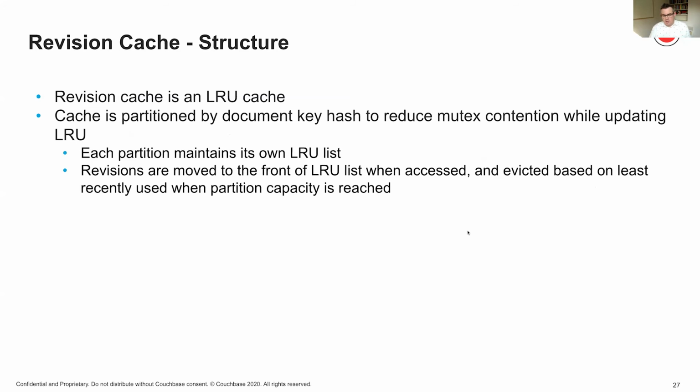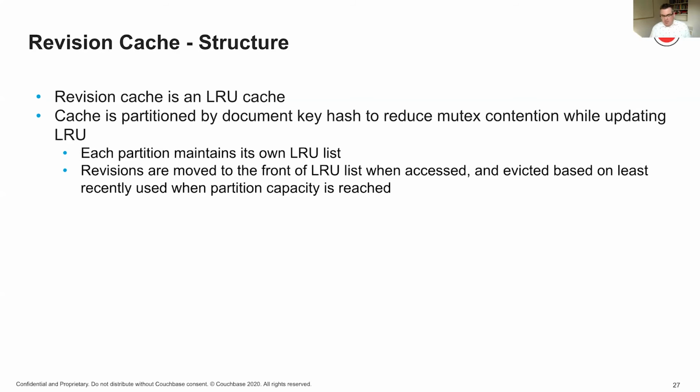So the revision cache is just a simple LRU cache. So again, least recently used. One aspect of an LRU cache, the main benefit of an LRU cache, is that it's giving you prioritized eviction. So we're evicting the least recently used element in the cache.